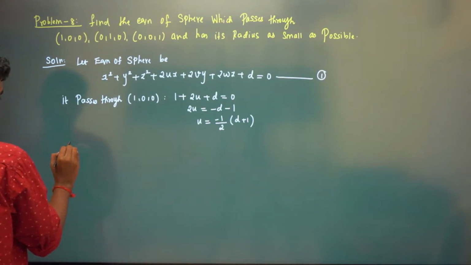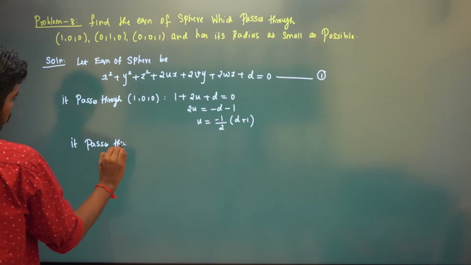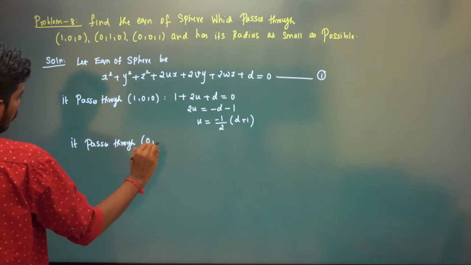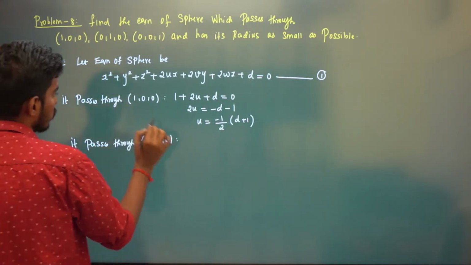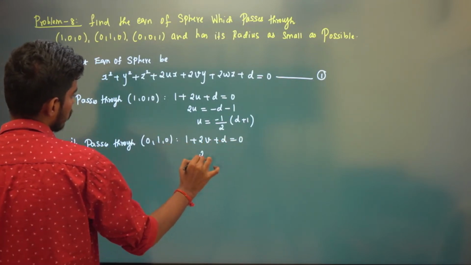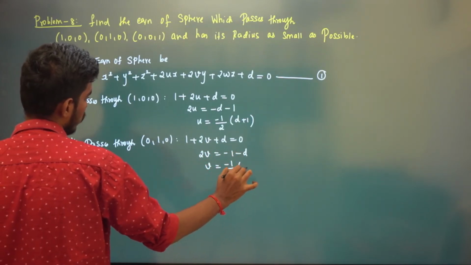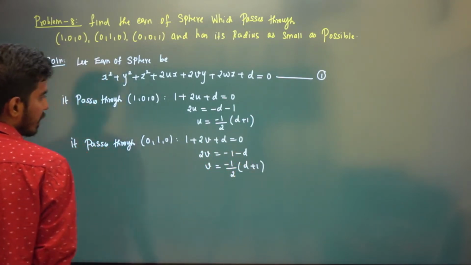Similarly, it passes through 0 comma 1 comma 0. So 1 plus 2v plus d equal to 0, so 2v is equal to minus 1 minus d. So again v is minus 1 by 2 times (d plus 1).